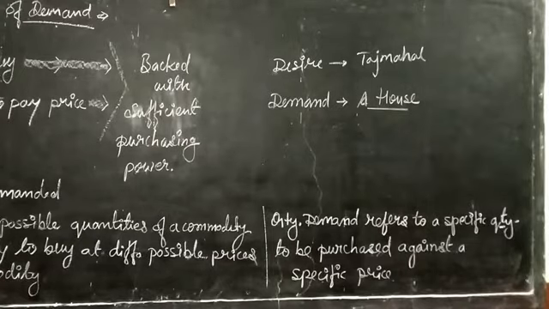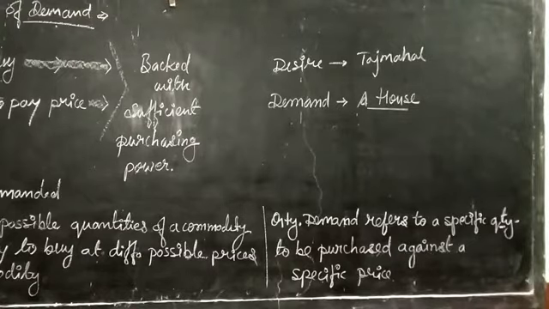For a particular person, desire can be anything, and desire is not backed with sufficient purchasing power. But demand is related to those desires or willingness which are backed with sufficient purchasing power, which we can actually purchase.